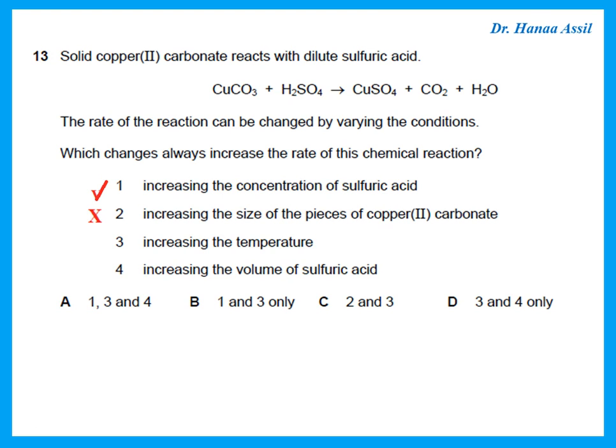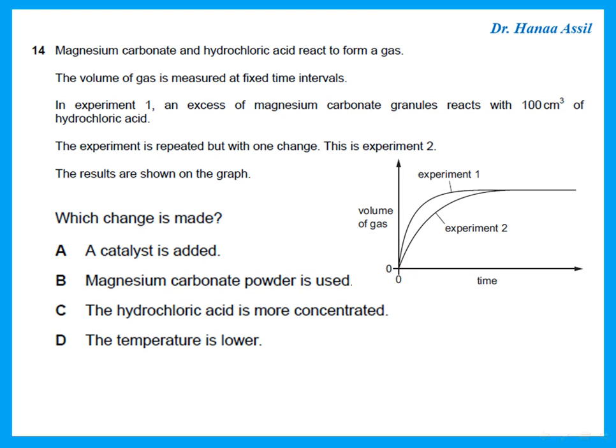So when we want to increase the rate, I need to use smaller pieces or I need to use powder. Increasing the temperature, yes, that increases the rate. Increasing the volume. If I increase the volume, that means I'm adding more water, using a dilute solution. So no, that is wrong. So it is 1 and 3. So my answer is B.